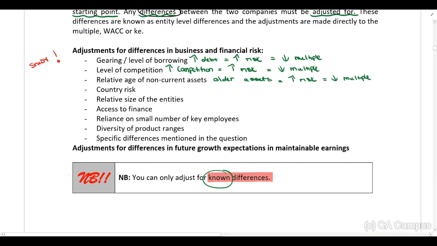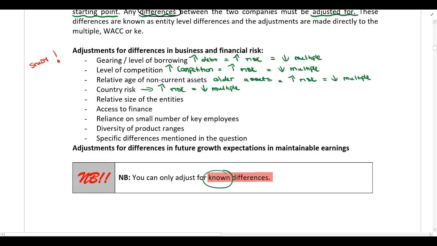If they are exposed to country risk, that means the risk of the company is higher, and if the risk of the company is higher, the multiple needs to be reduced. Again, in our question, we were not given any information about either Clarity Furnishers or the similar listed company investing in another country, so we can't adjust for country risk.